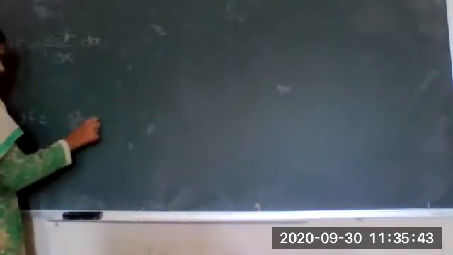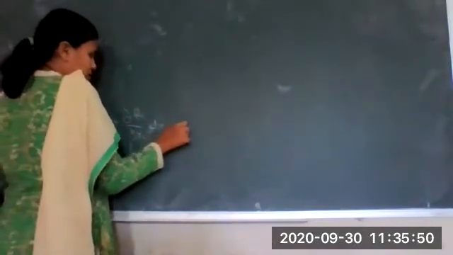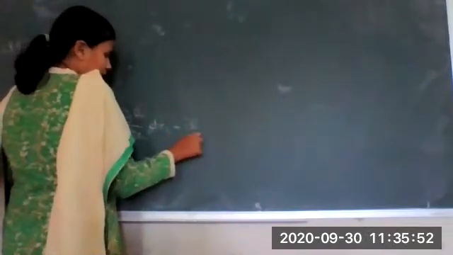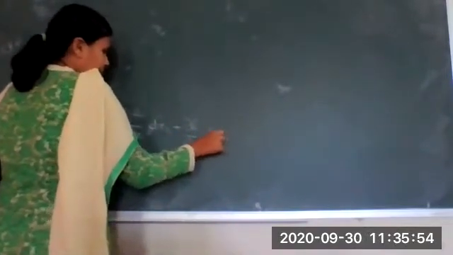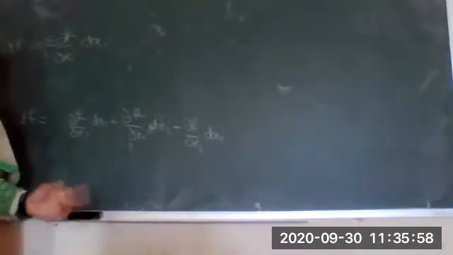Suppose we have some function. If I am evaluating this, it will be dou f by dou x1 dx1 plus dou f by dou x2 dx2 plus dou f by dou x3 dx3. Okay, I think you have studied this somewhere. This is nothing but your total derivative.